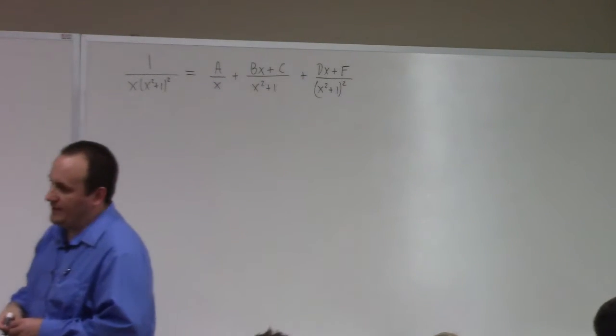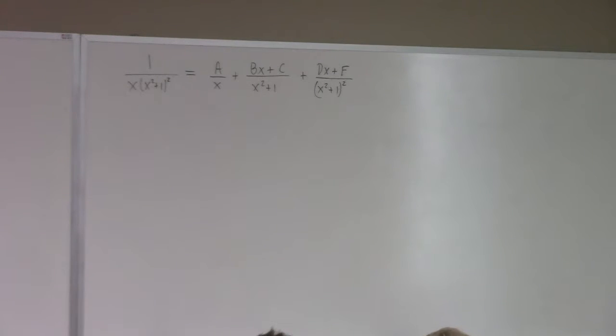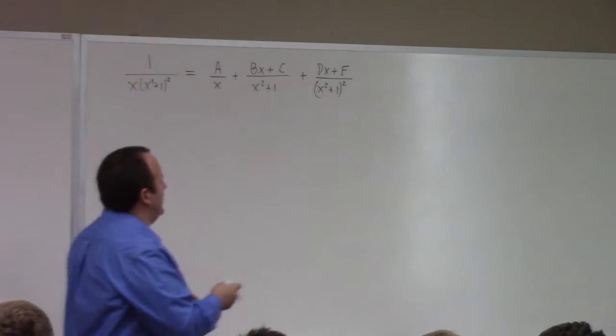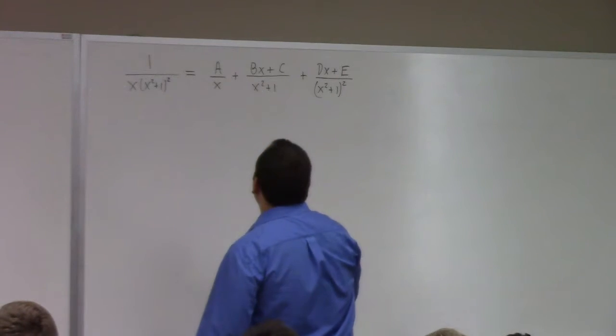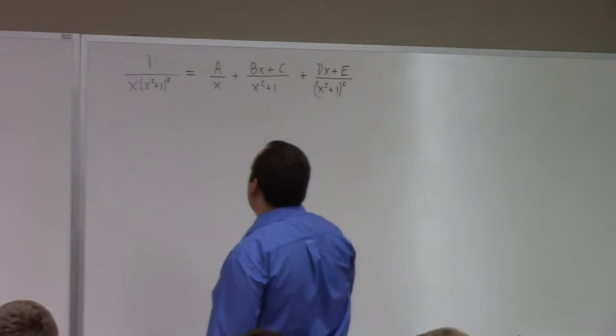Now, I think I'm supposed to actually work it out for that homework problem, right? So let's do that. We had to do some algebra to figure out what A, B, C, D, and E are. These are just unknown constants we have to figure out, right?